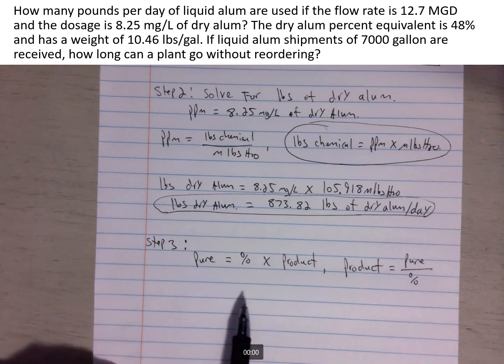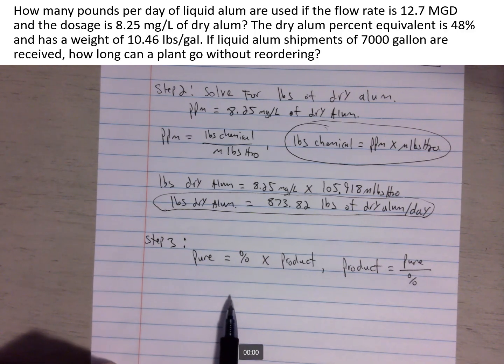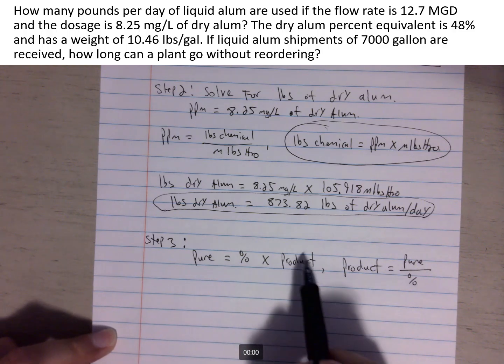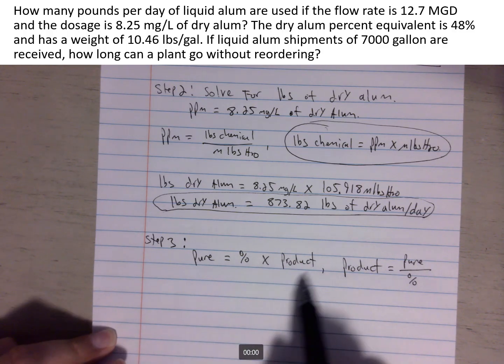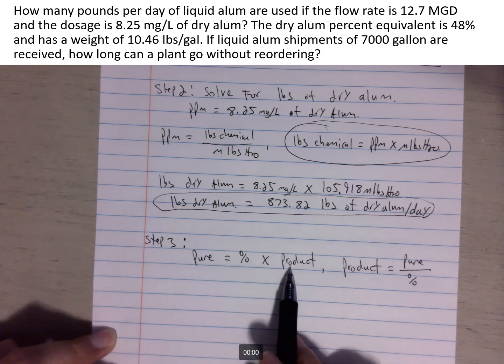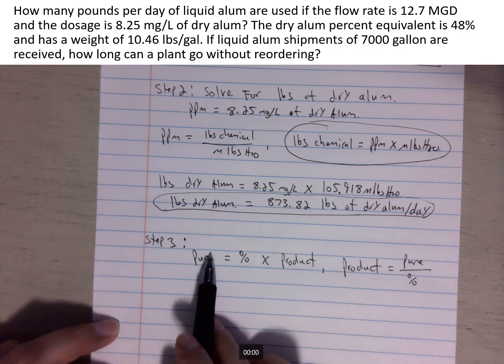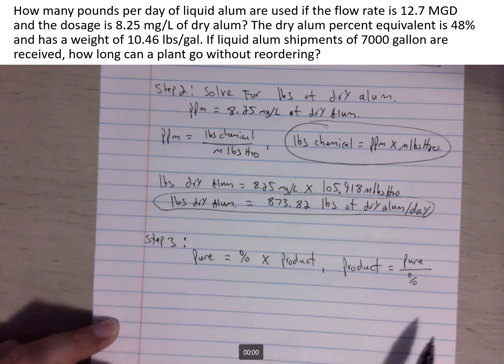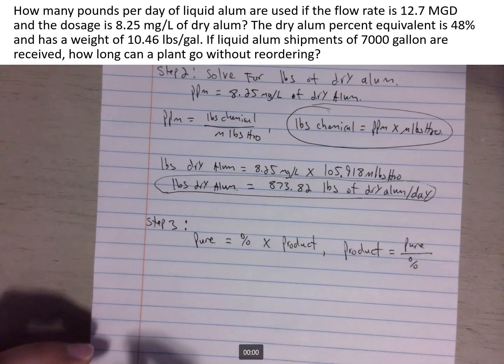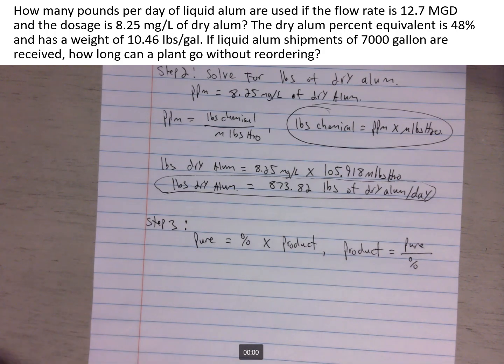In this case, our liquid alum, that is our product. That's what we're using. We're applying liquid alum. We are given the percentage in terms of dry alum. Dry alum is our pure. So we are trying to find how many pounds of our liquid alum we're using.